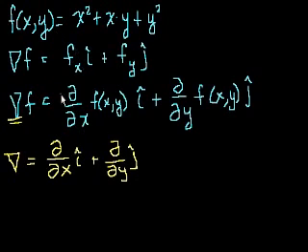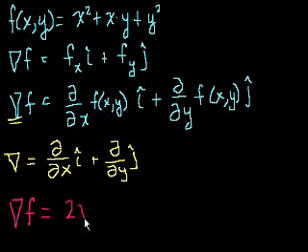So let's actually calculate the gradient of f. The gradient of our particular function is the partial with respect to x. We figured that out. That's 2x plus y, and then the rest doesn't matter anymore.